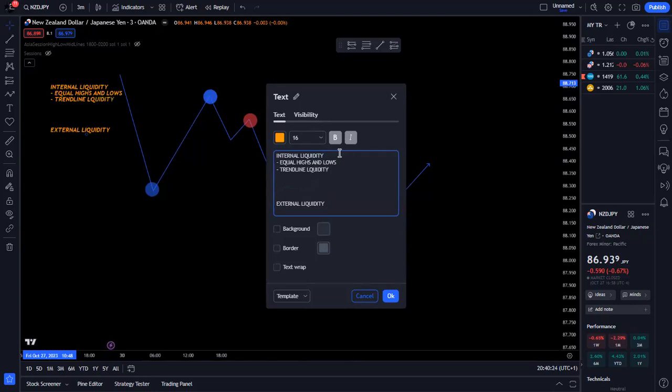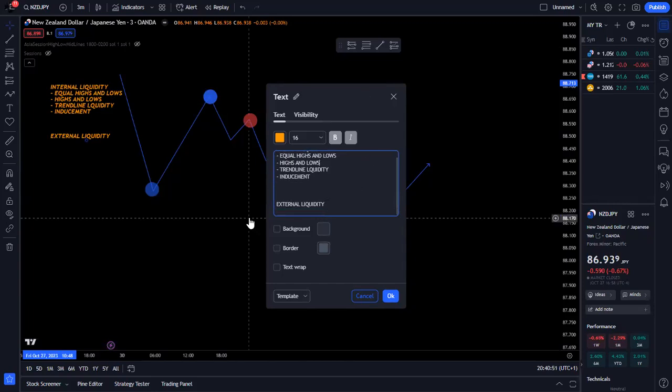And then we also have inducement. These are three examples of internal liquidity: equal highs and lows, trend lines, and inducement. And then you can also see just normal highs and lows. I'm going to make a cheat sheet for this and send it through, maybe tomorrow.